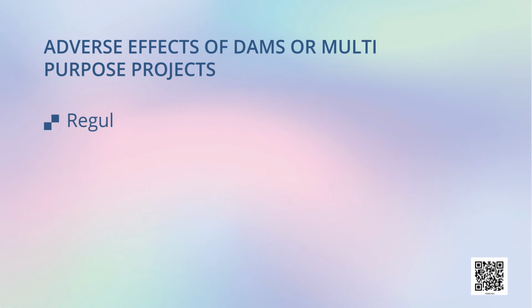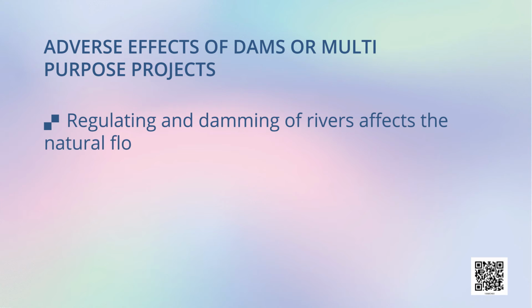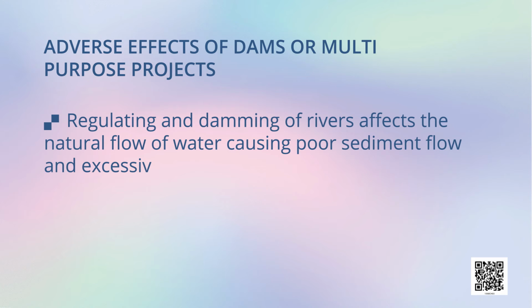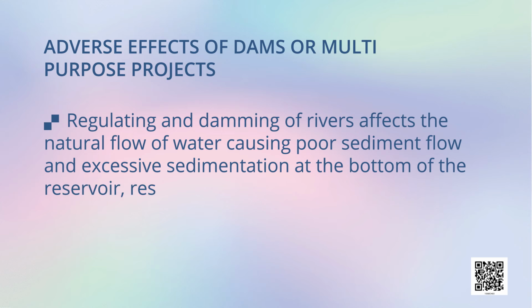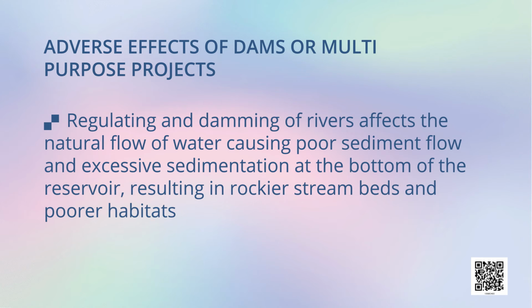First, regulating and damming of rivers affect the natural flow of water, causing poor sediment flow and excessive sedimentation at the bottom of the reservoir, resulting in rockier stream beds and poorer habitats for the rivers' aquatic life.